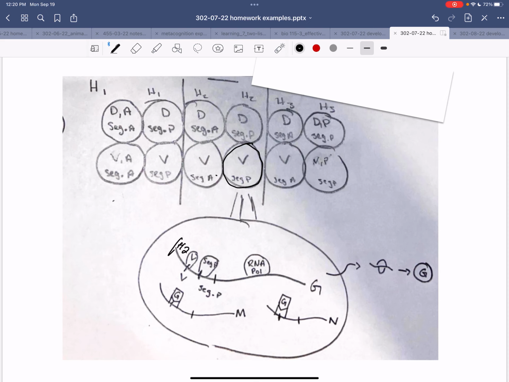It would take HOX2. So this area has HOX2. If we only do V in segment posterior, that would also get this cell, might also get this cell. So all of these have V in segment posterior. But only this one also has HOX2. So we need to add HOX2. And then all three enhancers required.